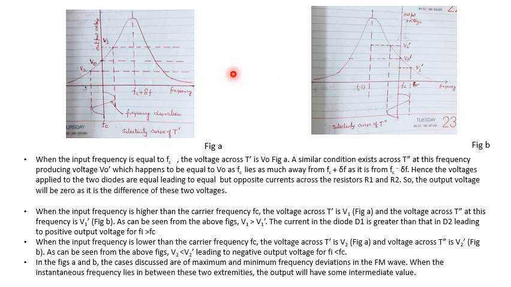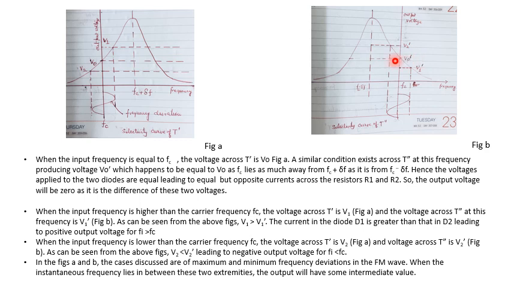Hence, diode D1 will be getting voltage V0 from the output of tuned circuit T dash, and diode D2 will be getting voltage V0 dash from the output of tuned circuit T double dash.